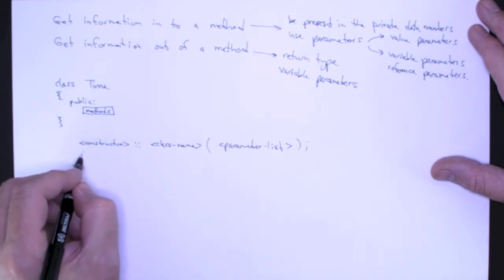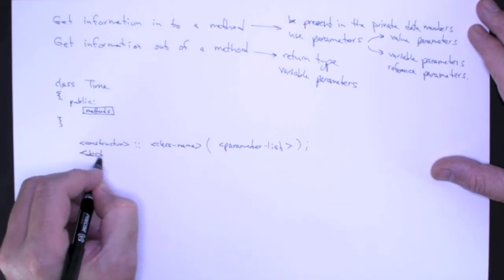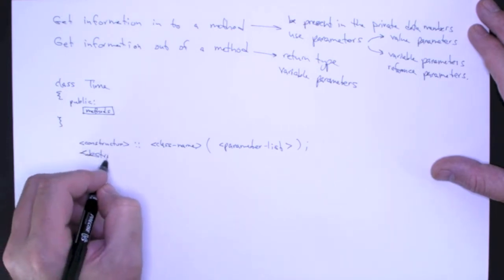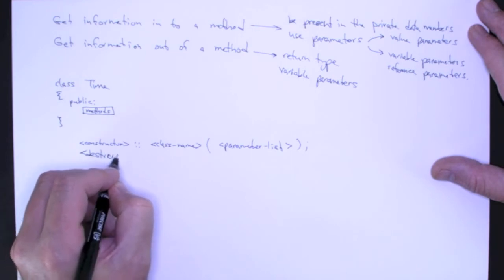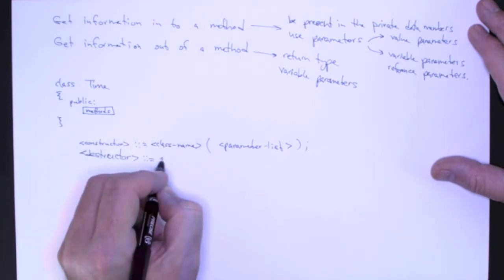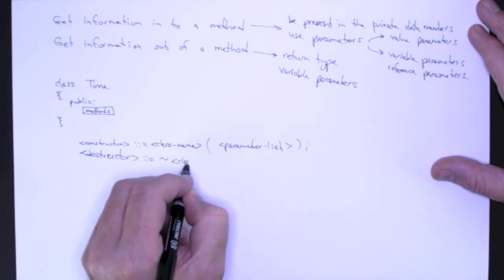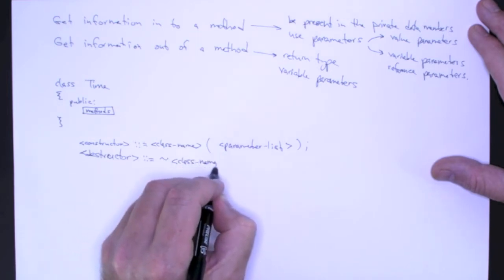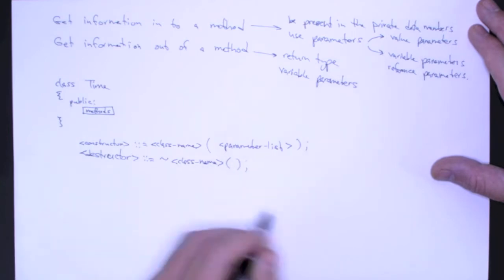Now the destructor, just for the sake of completeness, takes no argument, but I'm still going to give the definition, and it is actually a tilde and then the class name. It takes no argument, so it looks like that.